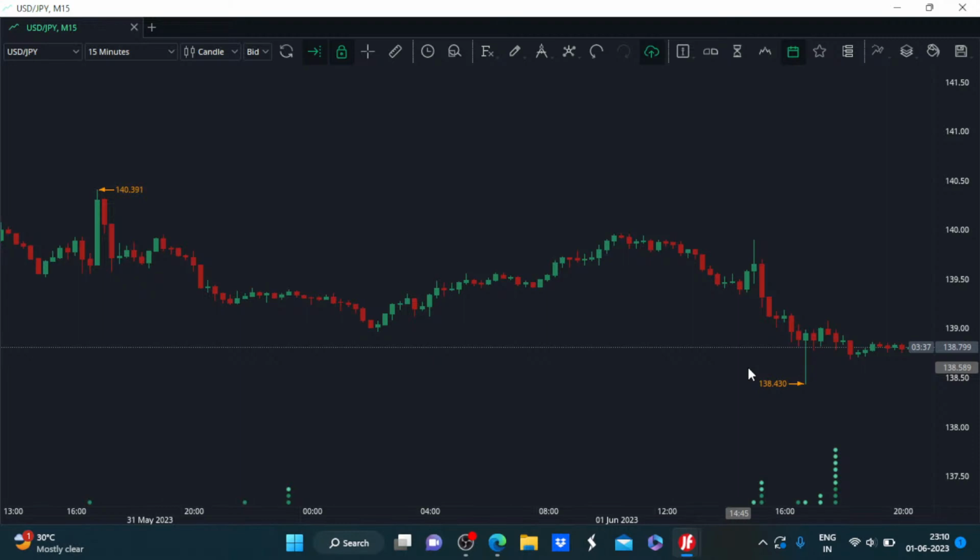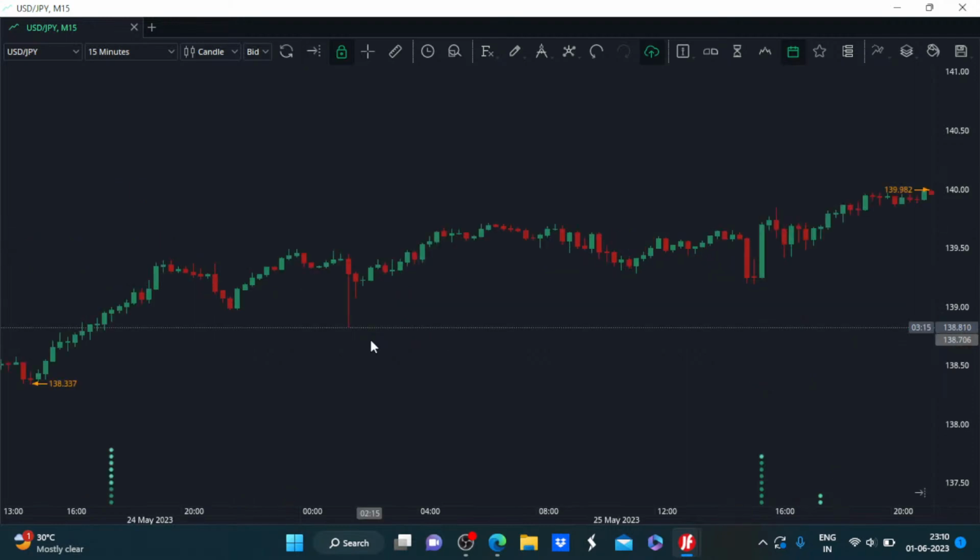All you have to do is figure out if the current formation is good enough to warrant a trade, if you should get involved for this new trade which is being signaled by this indicator. So let us now go back to the formation which we were coming across, that is of bullish reversal.